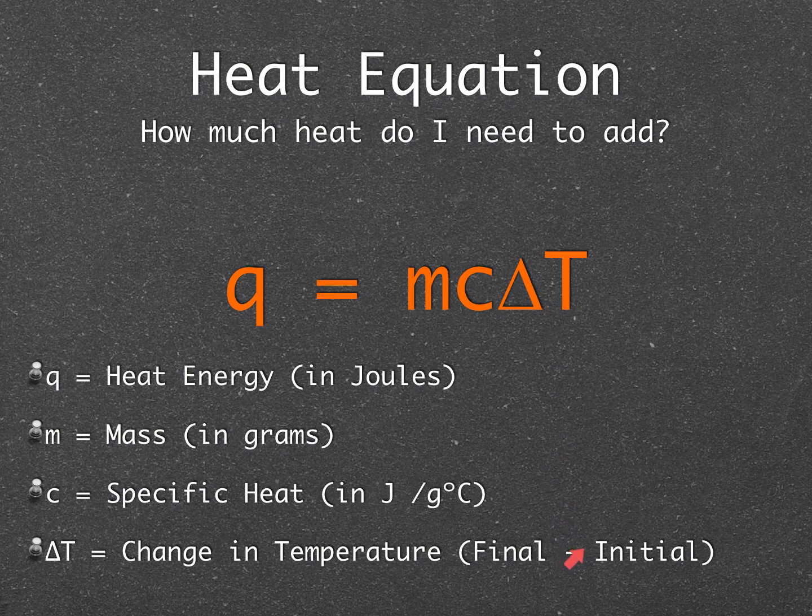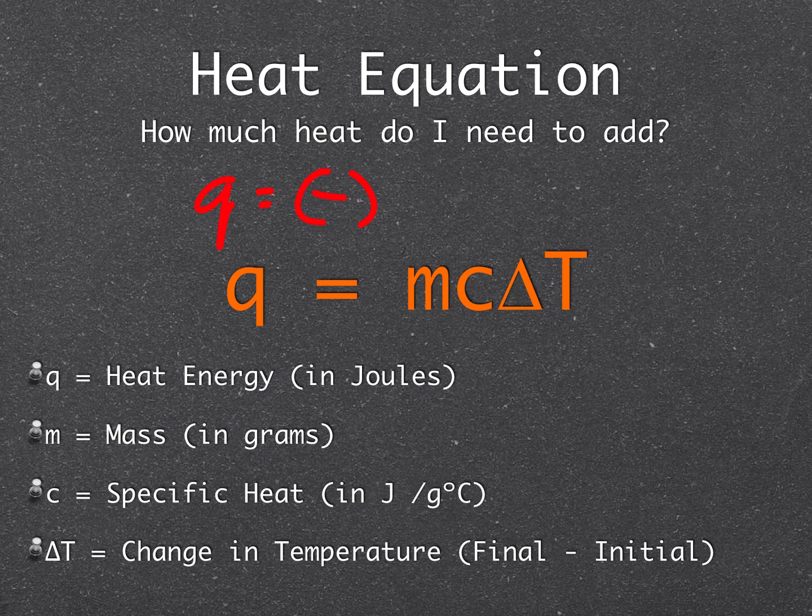Please remember to find the change of temperature, you take the final temperature minus the initial temperature. In this calculation, you may come up with a negative number. That's if the final temperature is lower than the initial temperature, you would actually get a negative delta T value. That would lead you to have a Q value that's negative.